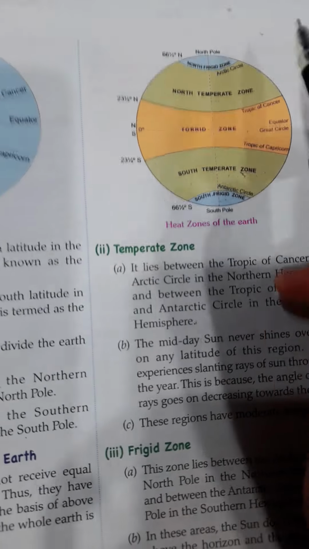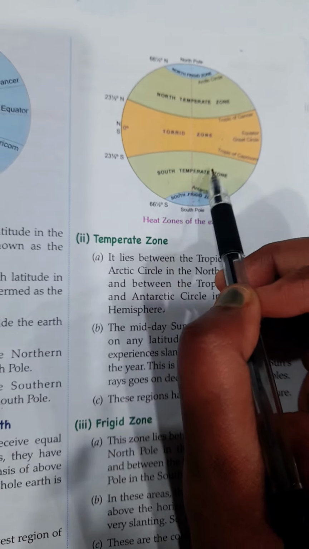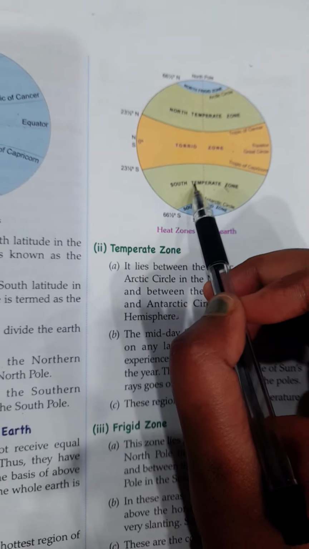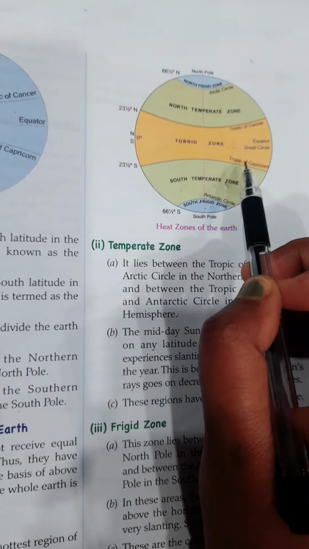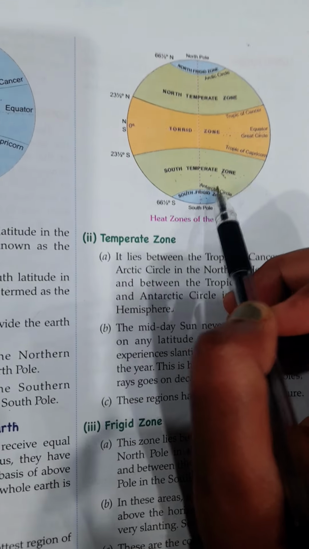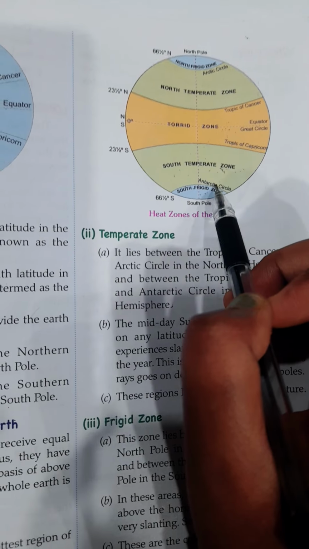Student, understand? And the southern temperate zone is between the Tropic of Capricorn and Antarctic Circle in the southern hemisphere.